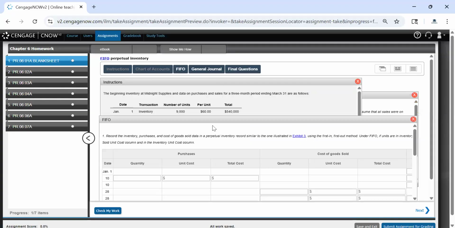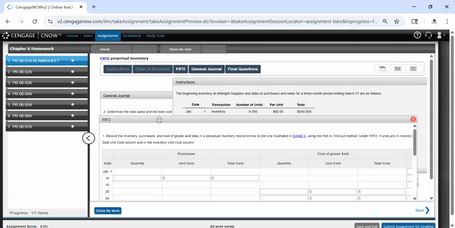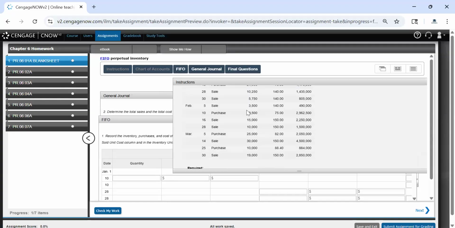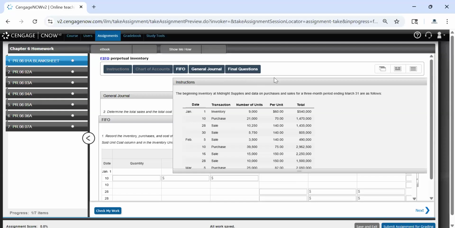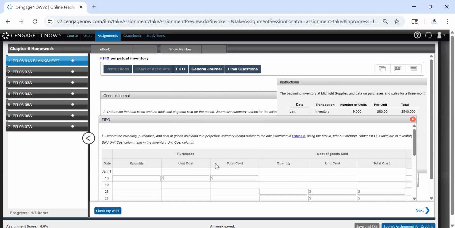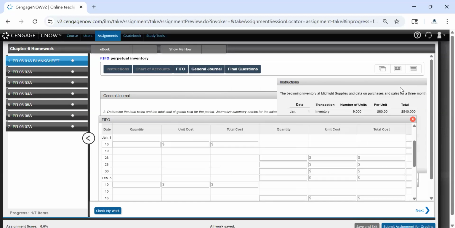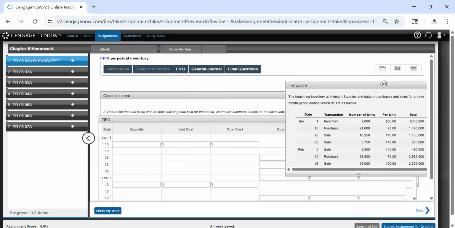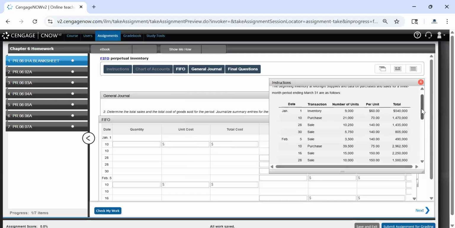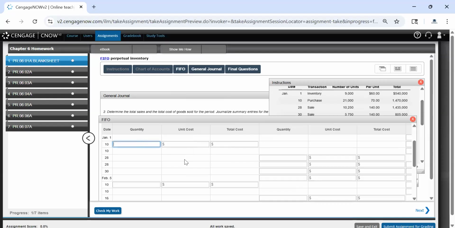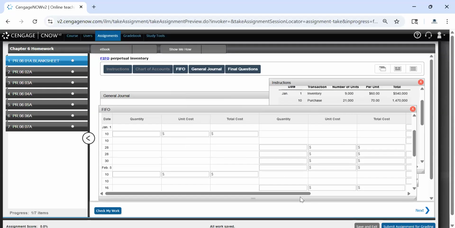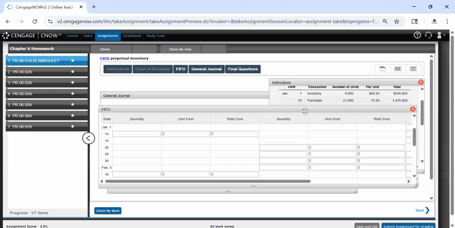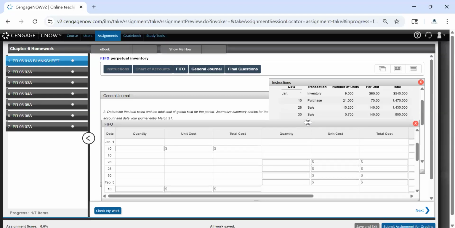So we are going to be using these transactions here, and we'll just minimize this a little bit so we can scroll easier. Our beginning inventory balance is 9,000 units of inventory at $60 per unit.